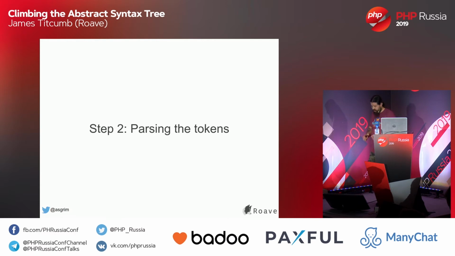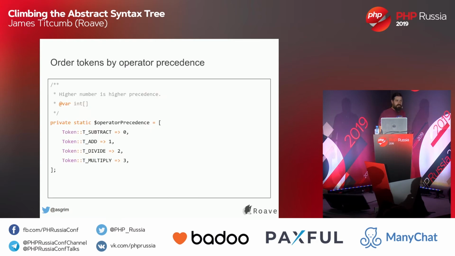So step 2, parsing the tokens. We've done the lexer. As I mentioned, order of precedence or operator precedence is very important, so we need to define this so we know how our language is going to work. We're going to use the standard operator precedence of mathematics.